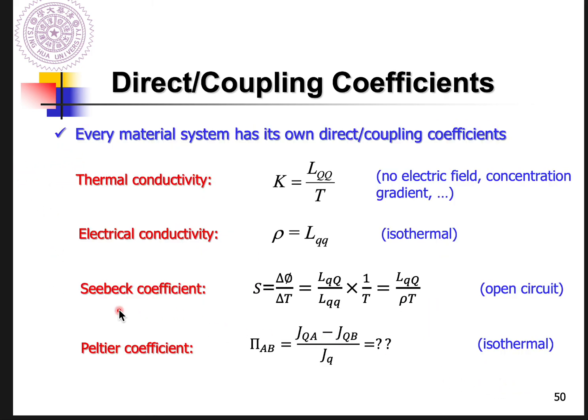So in order to measure the correct Seebeck coefficient of your materials, you need to measure it under the open-circuit condition. And based on the series calculation, we know the Seebeck coefficient times rho T equals this coupling coefficient. So now we got this coupling coefficient successfully. Okay.